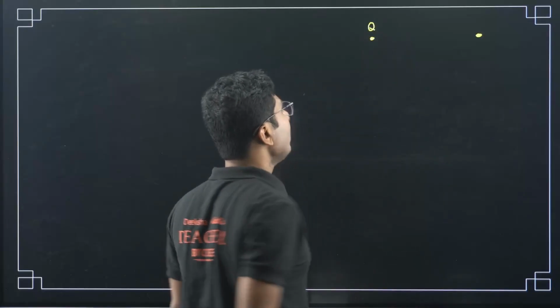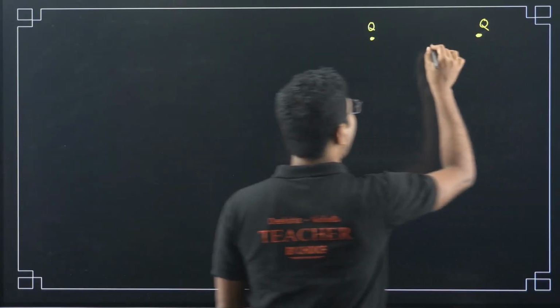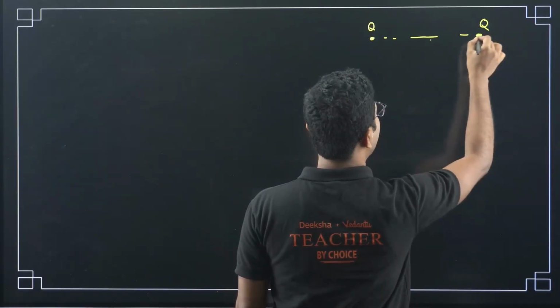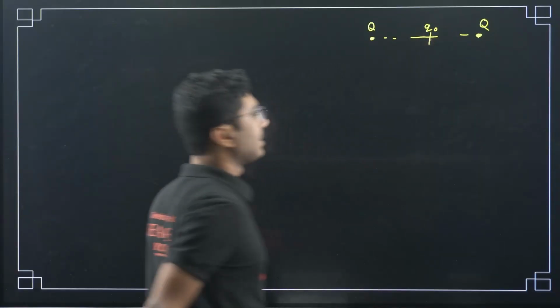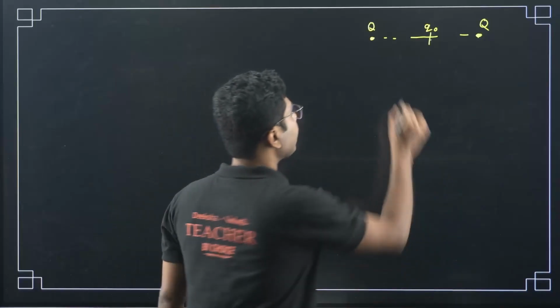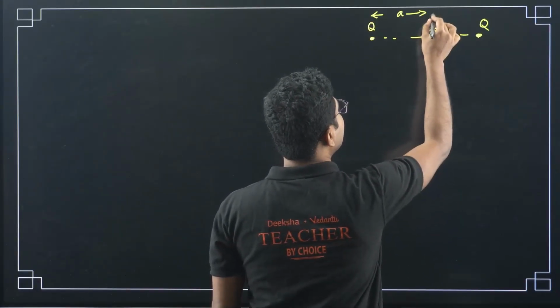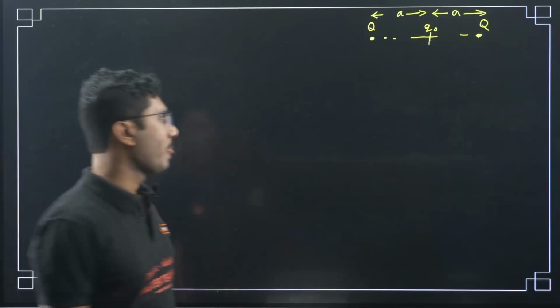So let's see what the question talks about. We have two charges, capital Q and capital Q, and at the center between them we have another charge Q naught kept. The original distance between the charges is 2a, so we can say this distance is a, this distance is also a, just like a dipole.